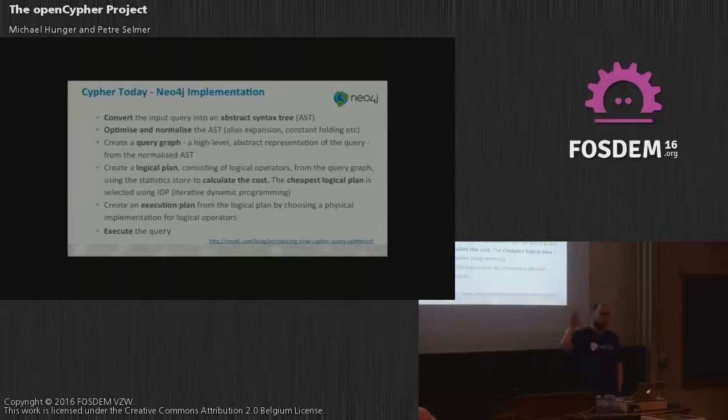It's a high-level description of this query, and then we throw it at the optimizer to create a logical plan and compute the cost for the different plans. And right now it uses an IDP, dynamic programming optimizer. We used to do a greedy optimizer before, which had the problem that it ran into local minima, and then you had suboptimal query plans, and this is much more exhaustive in terms of planning the query.